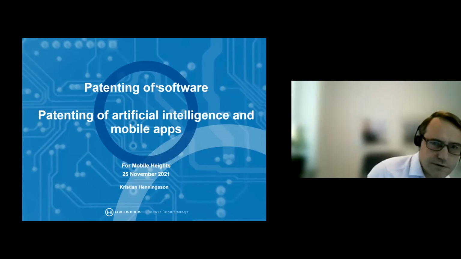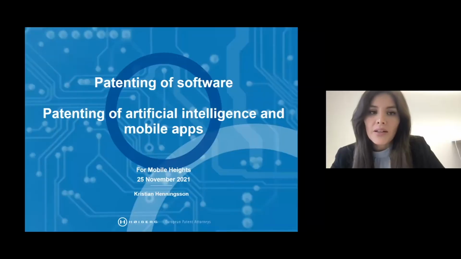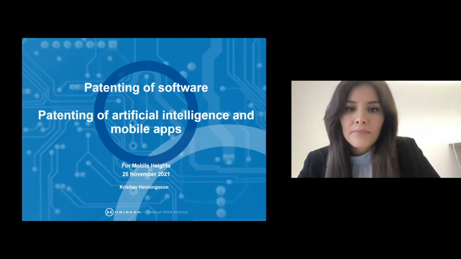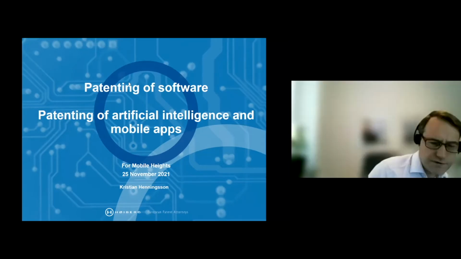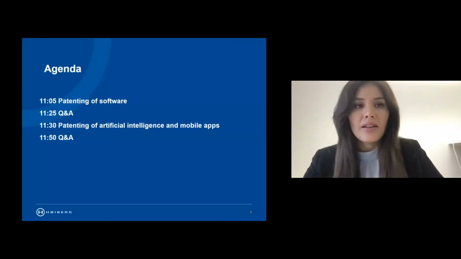No? Yes? No, I think this one is, oh, I'm sorry. Should be the other one. We're going to first talk about patenting of software. Yes. So now is the right one now? Can you go to the next slide? Yes, this is the right one.